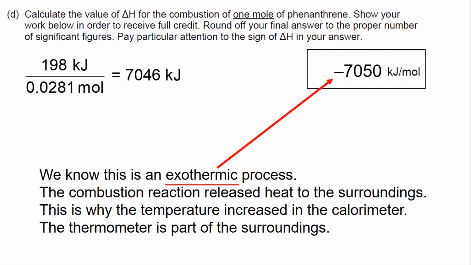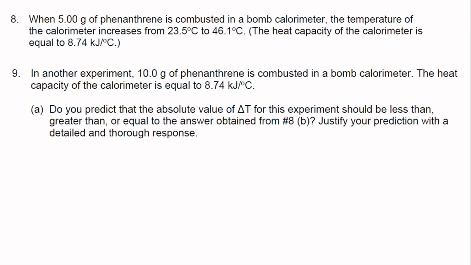All right, let's move on to number 9. Now if we compare number 8 and number 9, in number 8 we had 5 grams of phenanthrene that was burned. In number 9 we have 10 grams of phenanthrene that was burned. So is the value of delta T going to be less than, greater than, or equal to the answer that we got in number 8?